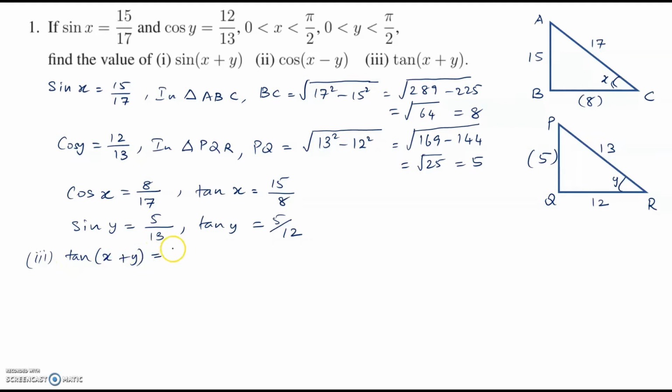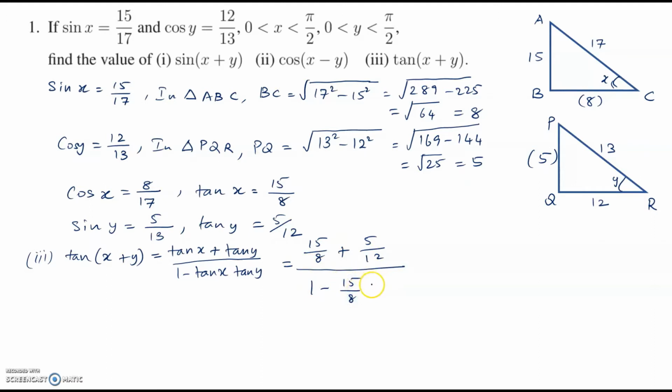Then the third part of the question, which is tan(x+y). The formula is tan x plus tan y divided by 1 minus tan x tan y. So applying the values, tan x is 15 by 8 plus tan y is 5 by 12 divided by 1 minus 15 by 8 into 5 by 12.